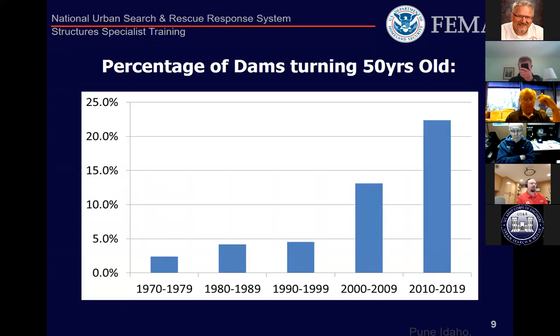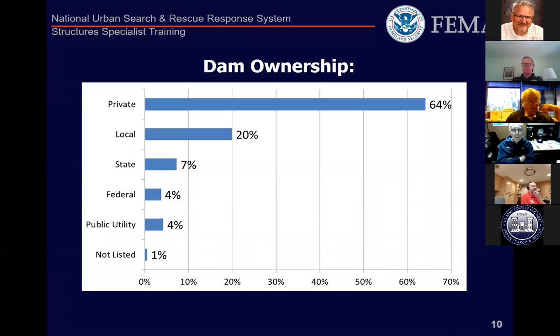And you can see, in the 1970s, only about 2.4% of the dams in the U.S. had reached that 50-year lifespan, whereas now as we roll closer to 2019, we're getting over 20% of our inventory that has reached that 50-year life expectancy. So there's a lot of dams out there, and now we're talking about a lot of them reaching their anticipated design life. Next slide, please.